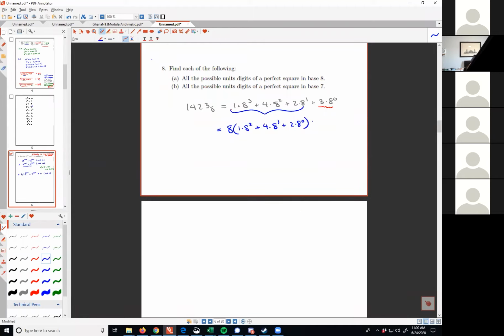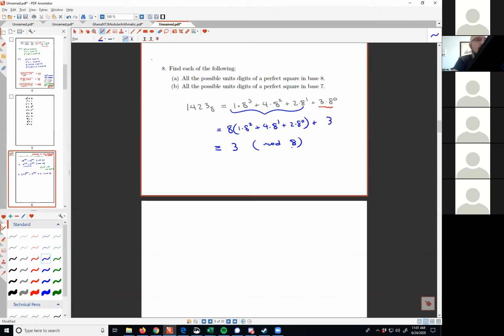It's 8 times an integer plus 3, which means that it is congruent to 3 modulo 8. It's 3 more than a multiple of 8. So the units digit in base 8 gives us the residue modulo 8, at least for a positive integer, a natural number.